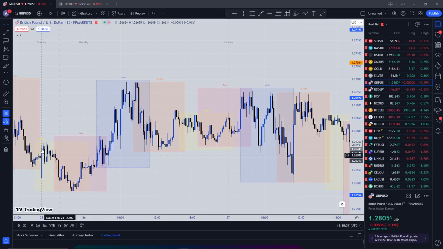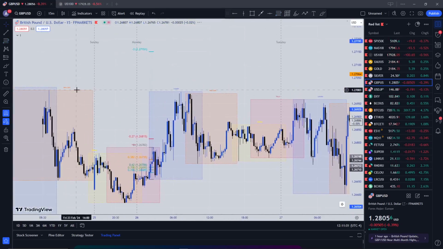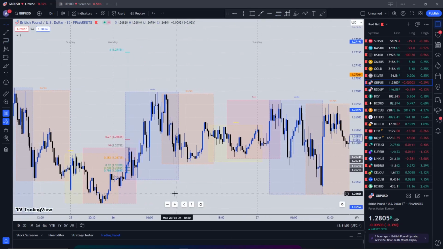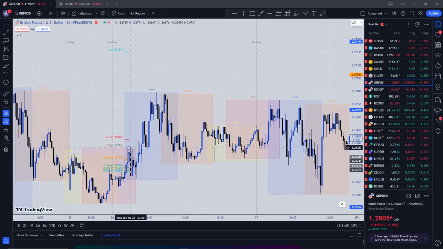I'm not going to be awake around these hours, but hypothetically, one could take the displacement from the open, come into here, have an entry or a buy limit at the 786 level, and trade that up to here, and if they feel cocky, to the New York high.